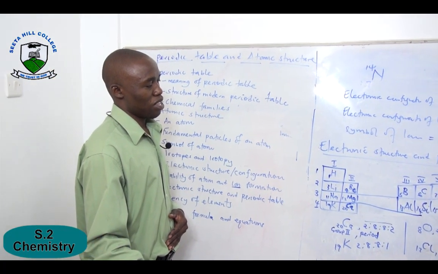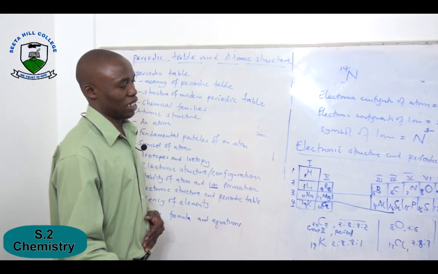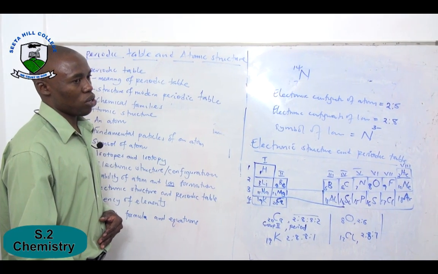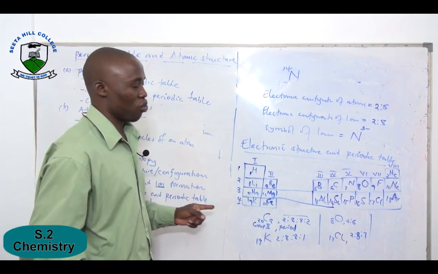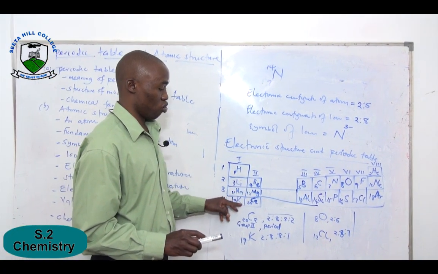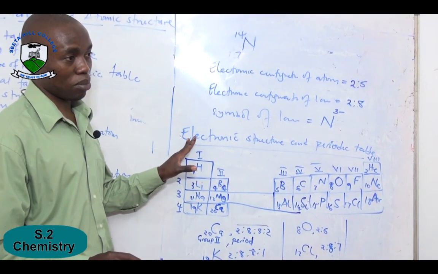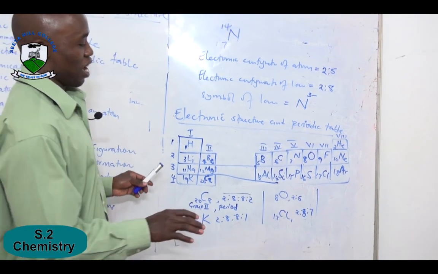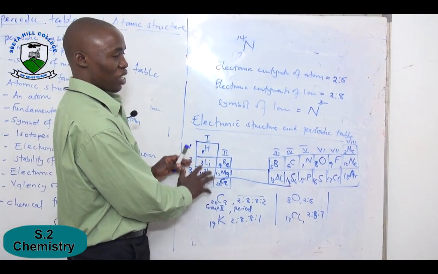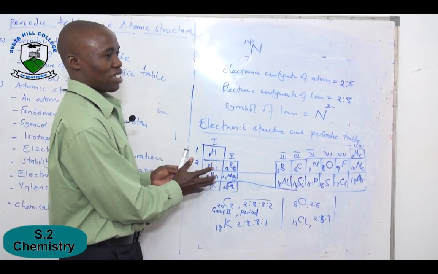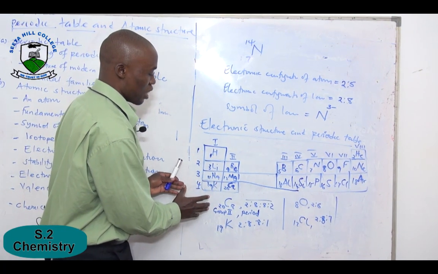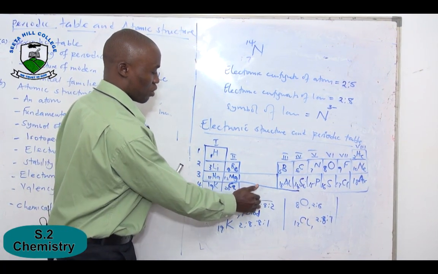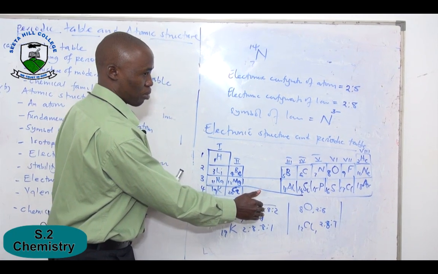Now, let me ask. Can we write configuration without these numbers shown to you, if you are given a periodic table? Have you captured this concept? The location: the period is the number of shells, not so? Yes.